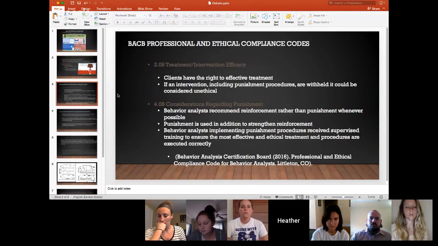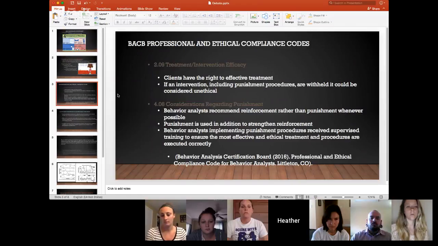If we take a look at the Behavior Analyst Certification Board professional and ethical compliance codes that relate to punishment, code 2.09, treatment and intervention efficacy, states that clients have the right to the most effective treatment. If an intervention, including punishment procedures, is withheld, it could be considered unethical.